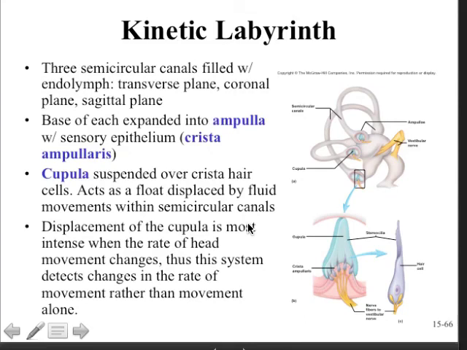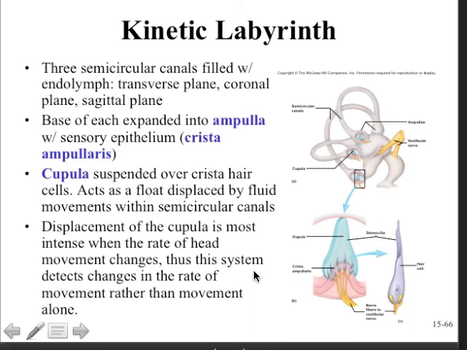The displacement of the cupula is intense when the rate of head movement changes, thus the system detects acceleration rather than simple movement. Okay? And what is acceleration? Acceleration is essentially a change in your velocity. Okay, that's what we define acceleration as. So as you go from not moving to moving, you would define that as acceleration.